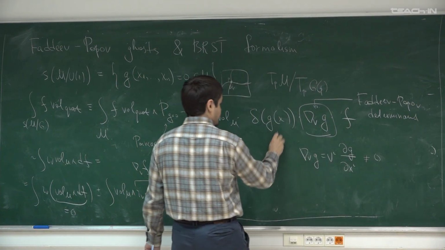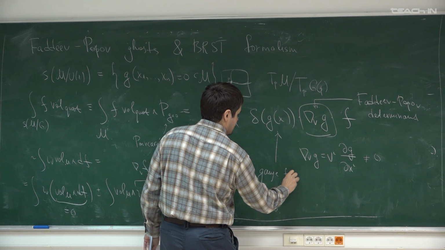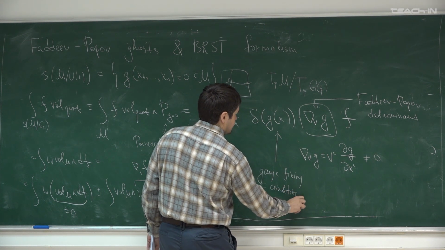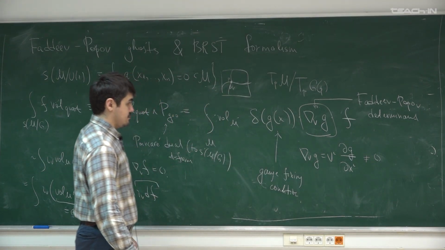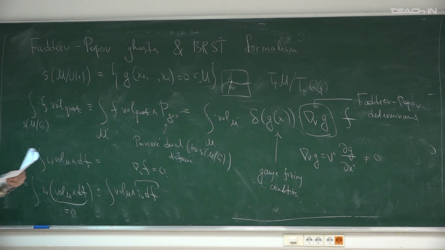So this is the gauge fixing condition. And this is the Faddeev-Popov determinant. But in principle, it's just a geometric formula of the setup that I've described.